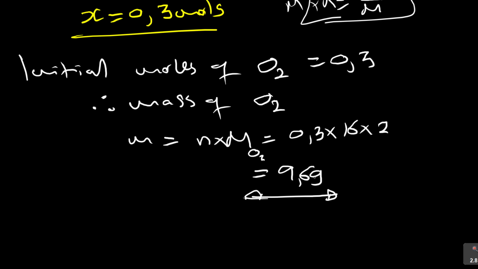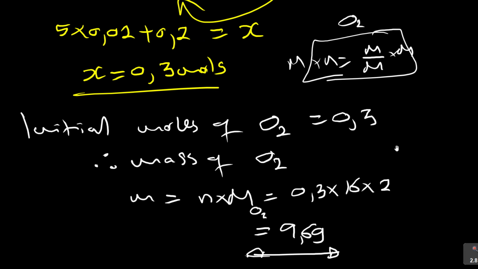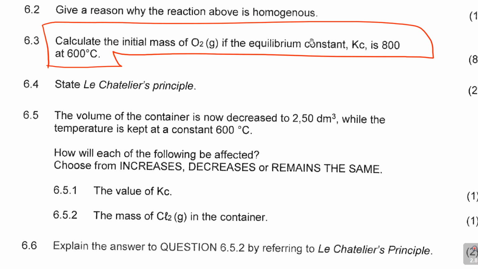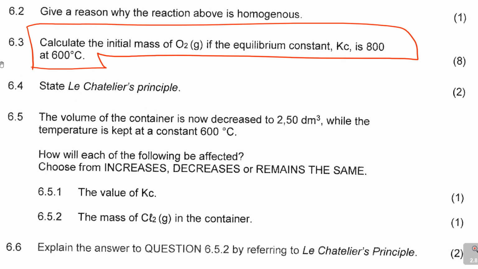To say 9.6 grams is the answer for what? For the initial moles. Calculate the initial moles of oxygen. Okay, now Le Chatelier's principle. I've stated this one. You guys need to check in the previous lesson, but you also need to master this. But the key part there, it's a closed system. When a closed system in equilibrium, that's the key word.